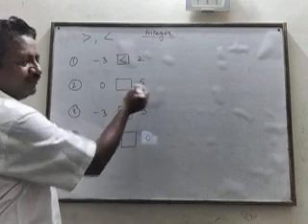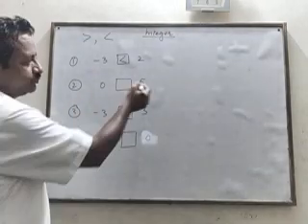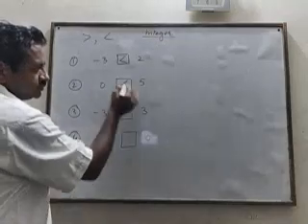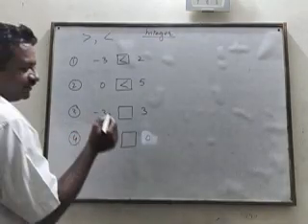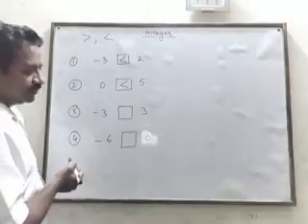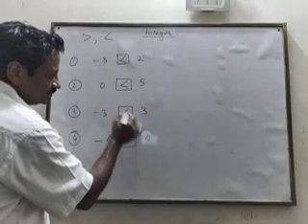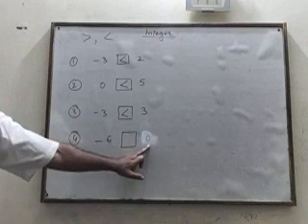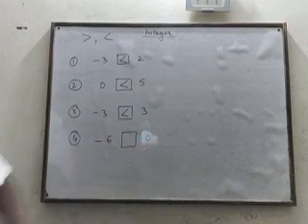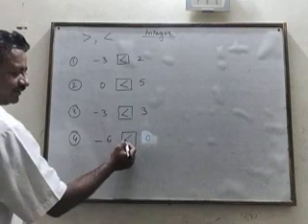Is 0 greater or 5 greater? Again 5 is greater. Is minus 3 greater or 3 greater? Again 3 is greater. Is minus 6 greater or 0 greater? Again 0 is greater.